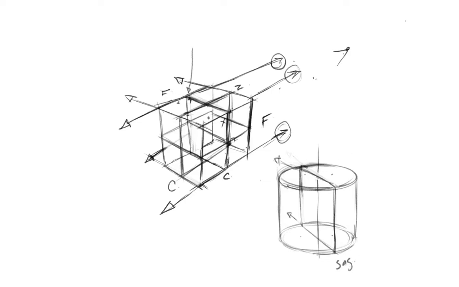And here's my transverse section. If I mark halfway on this line, and I mark halfway on this line, and I mark halfway on this line, and halfway on this line, and halfway on this line.